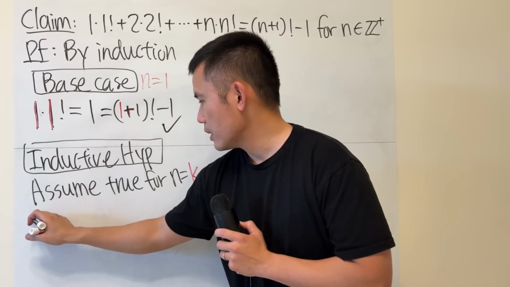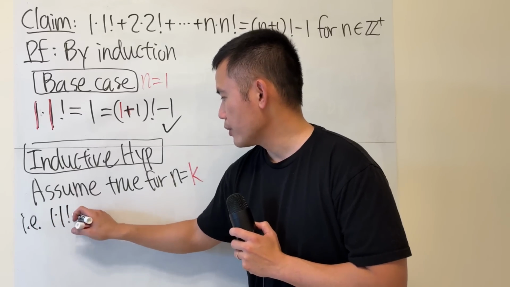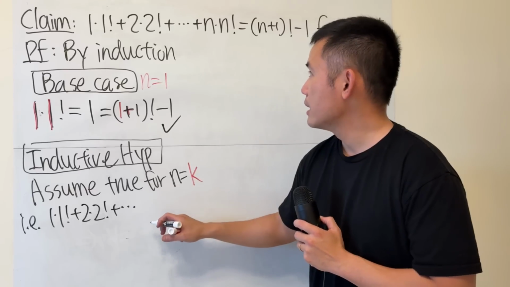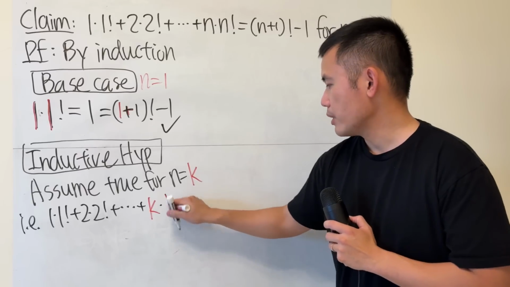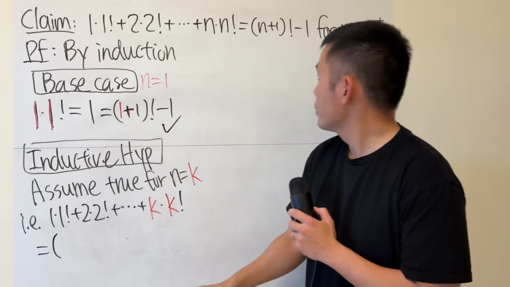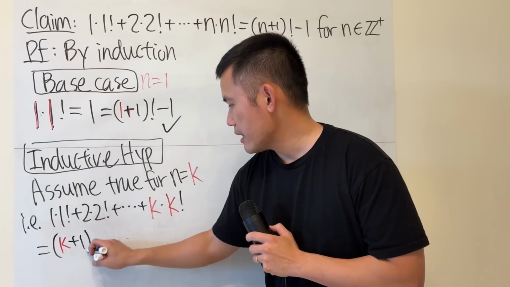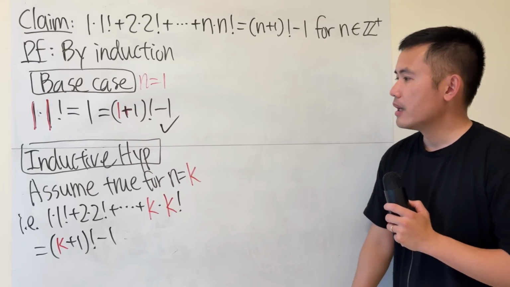So that means 1 times 1 factorial plus 2 times 2 factorial, and so on, and then plus k times k factorial, is nicely equal to (k plus 1) factorial, where n is k now, and then minus 1. And that is what we can use later on.